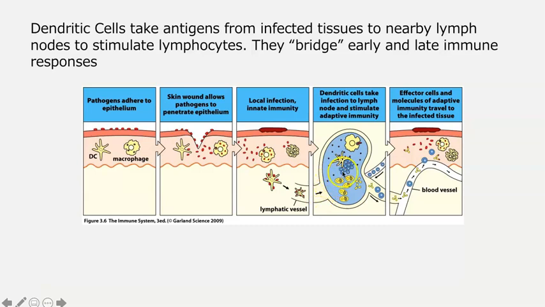And it goes there to show the bits of pathogen, the peptides, which are going to be shown on its surface with MHC molecules to lots of T cells that are coming through. T cells pass through these lymph nodes. So it's the best way of trying to find the T cell that can best respond to those different proteins from the pathogen. And in this way, the dendritic cell acts as a bridge between the early immune response and the later immune response.